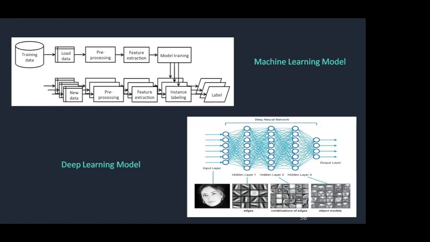Using all the training data, my model keeps on learning, learning, and learning. Once my model's learning is complete, I will give it some new data. Most probably while doing experimentation, we will talk about this in the form of validation data. Once this validation data is passed, it will again go through the pre-processing and feature extraction.